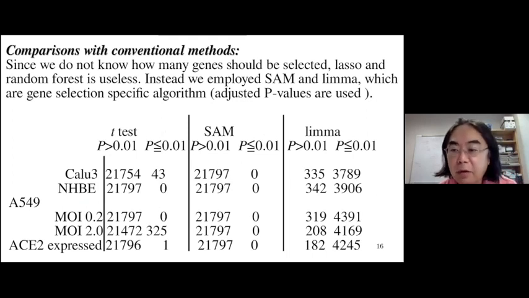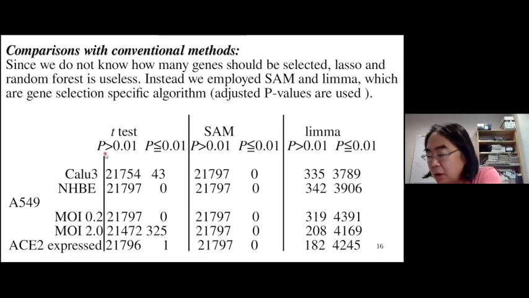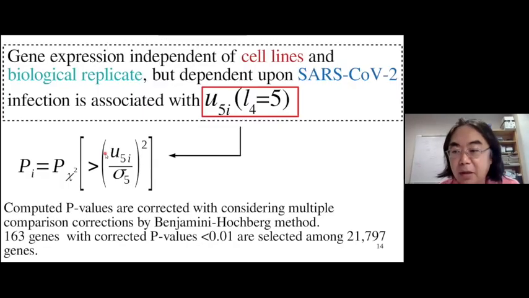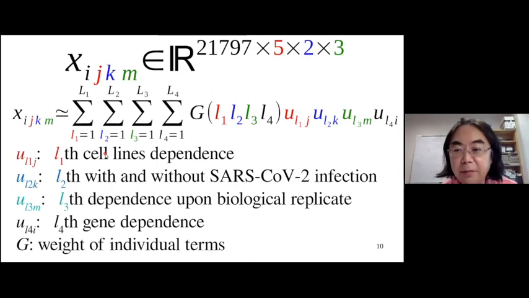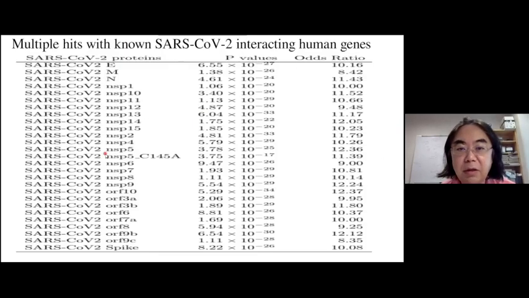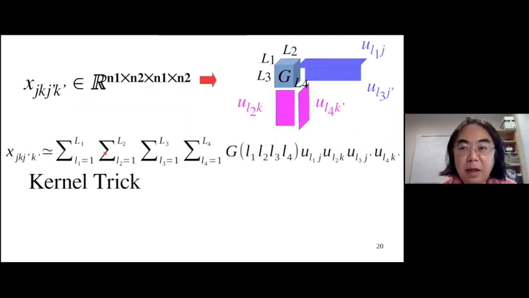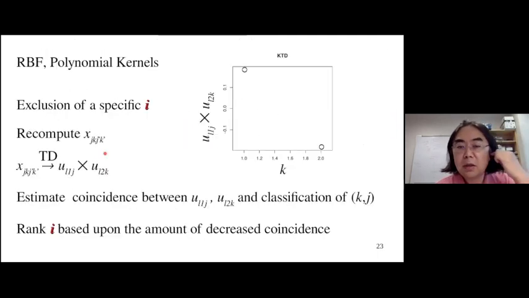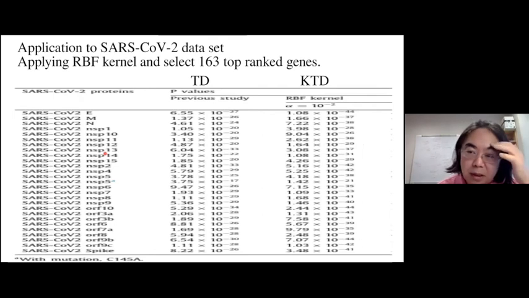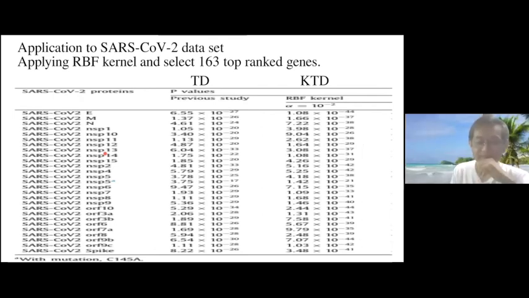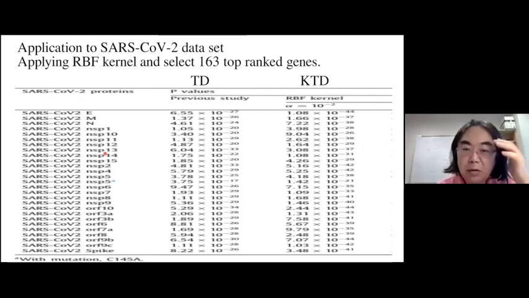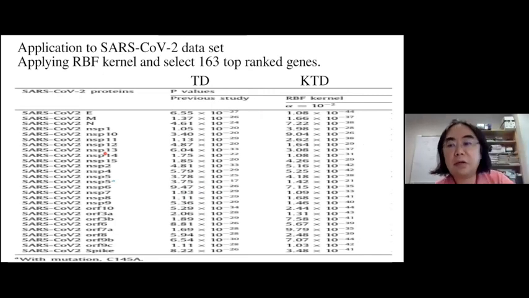I have a very naive question. You started from the tensor decomposition and then did the kernel, and then you get more significant p-values. I naively wonder, you started from the same data, and this kernel considers the data twice, you multiply it.